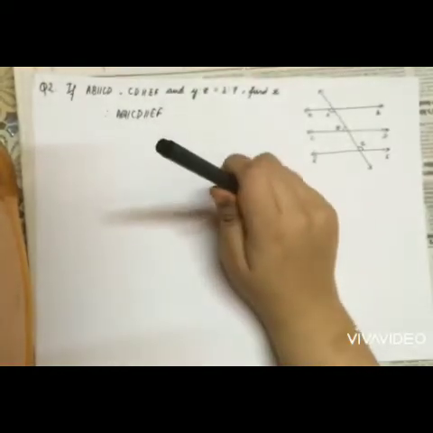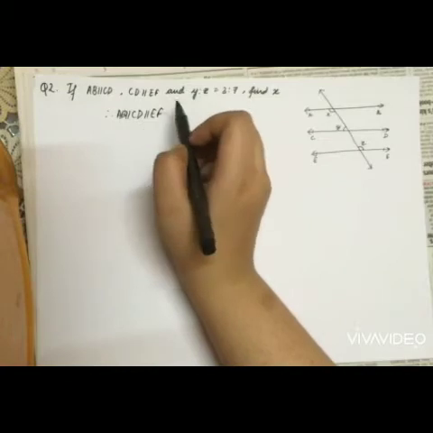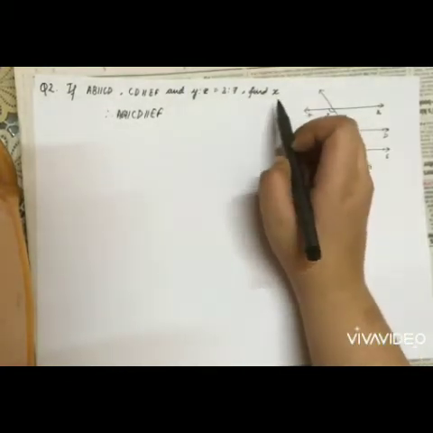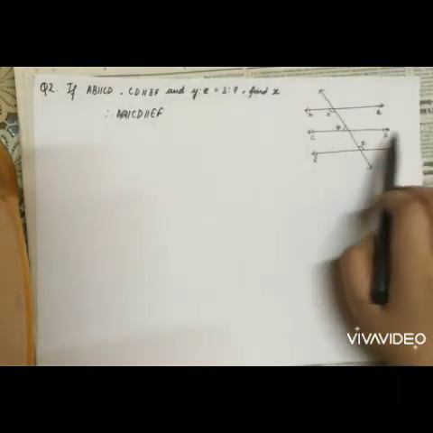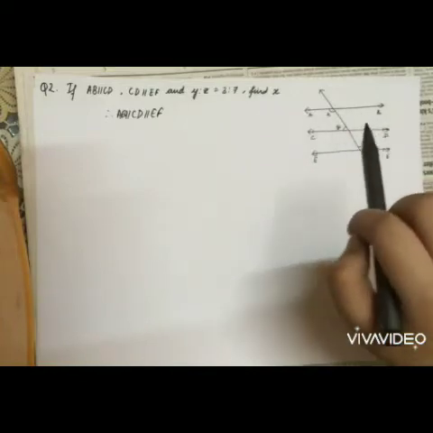The second question is AB is parallel to CD and CD is parallel to EF and y is to z is 3 is to 7. Find x. In this we can say AB is parallel to CD and CD is parallel to EF. Therefore AB is also parallel to EF.